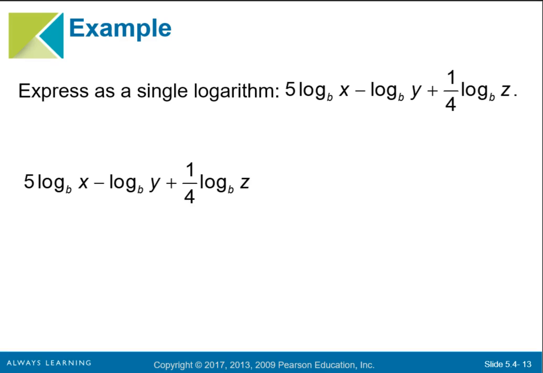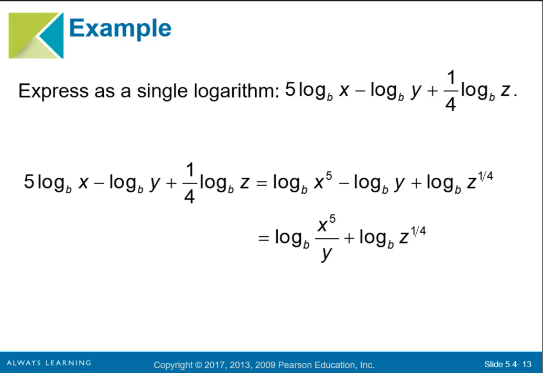So there's our original. We're going to go ahead and take a look at that. We've got our exponents raised back up the way we wanted. Now we have our fraction started. We have the x to the fifth over the y, and then I have this plus log base b z to the 1/4. Again, that becomes a multiplication piece.